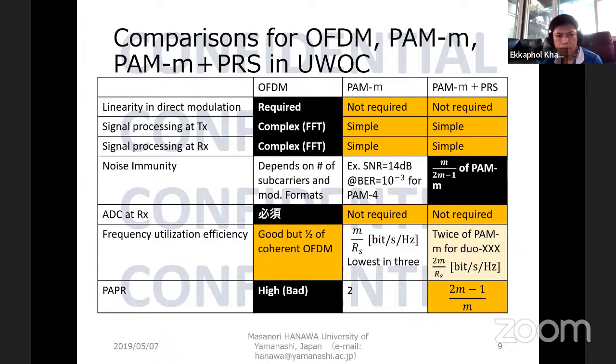My junior, Professor Nakamura, is working on OFDM-based UWOC systems, as he explained yesterday, very simply. But I think OFDM is not suitable for direct modulation, direct detection optical communication systems, because OFDM systems require very high linearity for laser diodes and photodetectors.